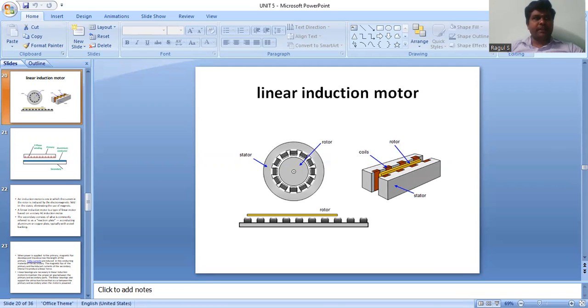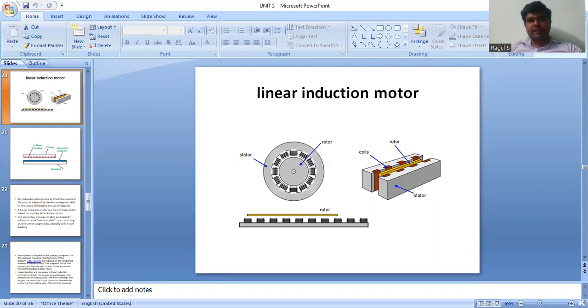Whenever relative motion occurs between the fields and short-circuited conductors, currents are induced in them, which results in an electromagnetic force. Under the influence of the force, according to Lenz's law, we find the direction of the induced current.